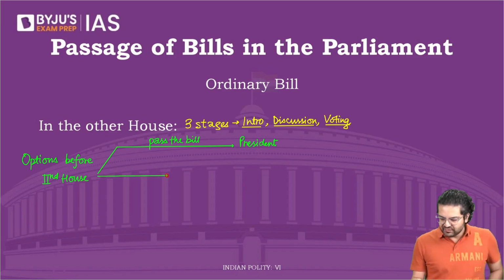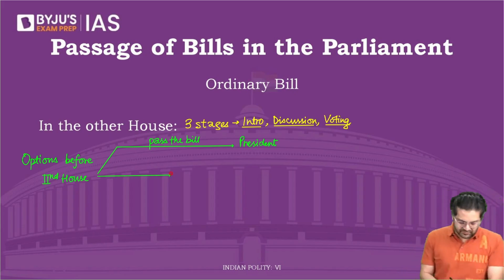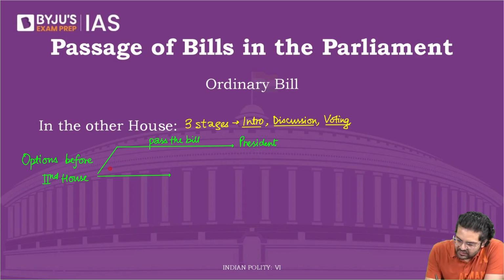Second house says that, see, I need to make some changes. They make changes and pass. So we say pass with modification. So they'll change some clause, etc., and then pass it.